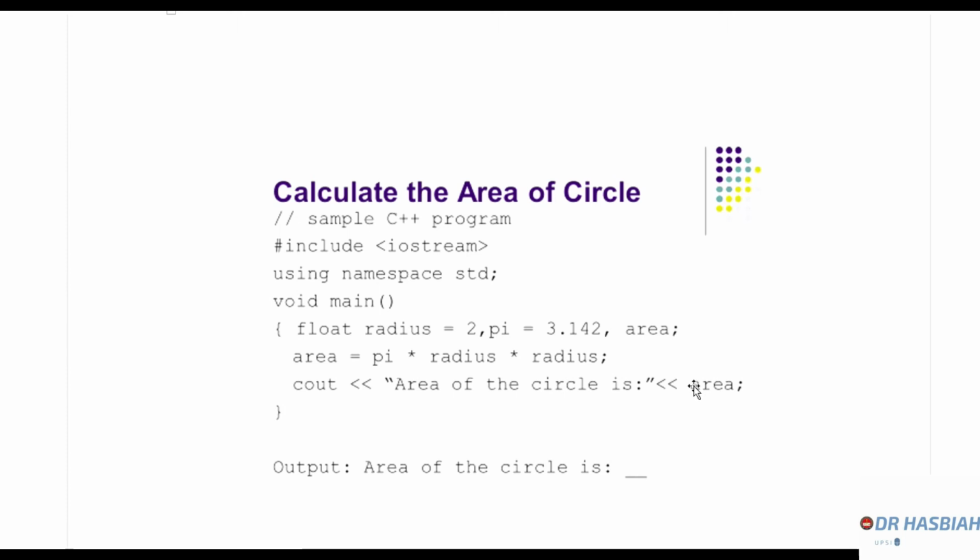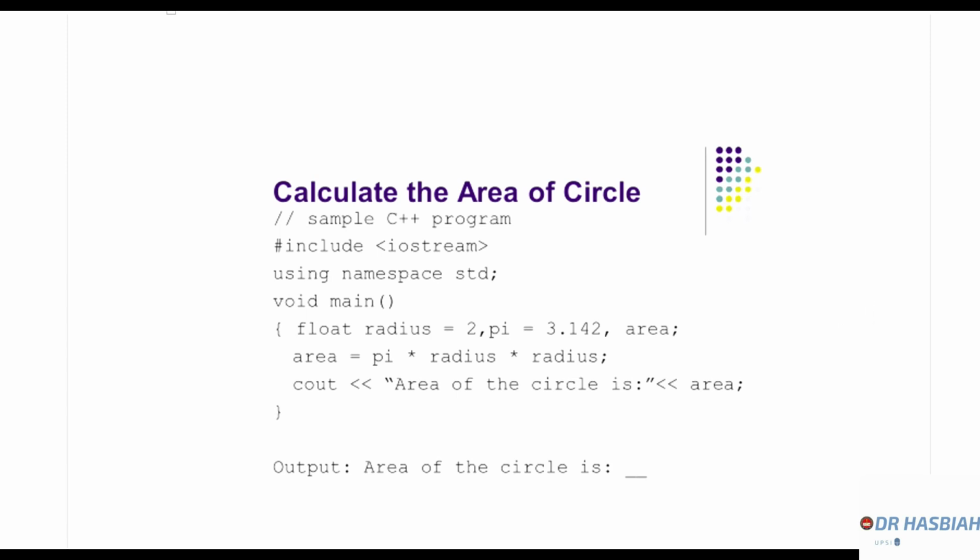So why does this happen? Because we don't want to display the word area. If you put area between open and close double quote, it means you want to display the word area. But now we don't want to display the word area, we want to display whatever value we have in the area here. Let's say you just imagine you have a box called area, and when we have finished our calculation, we have the value of area here.